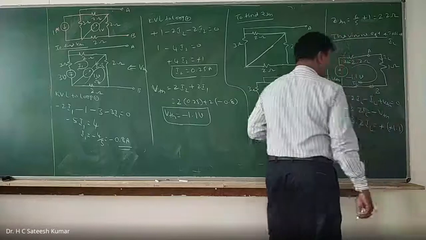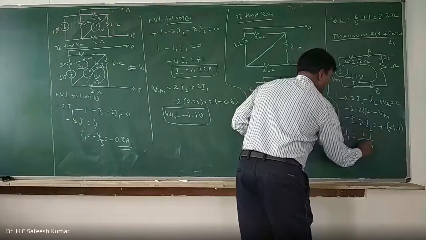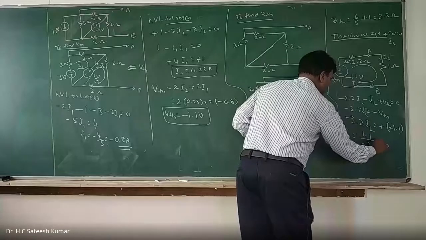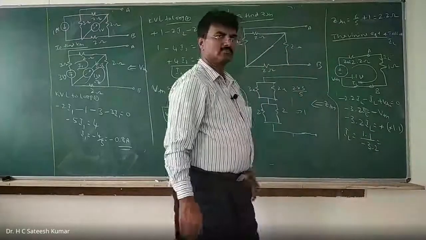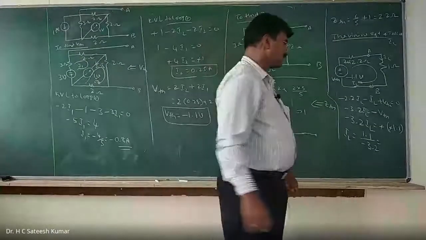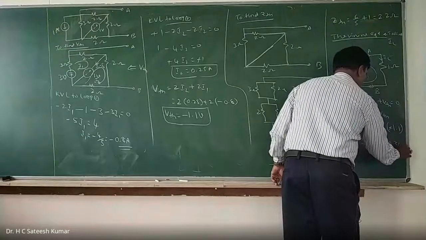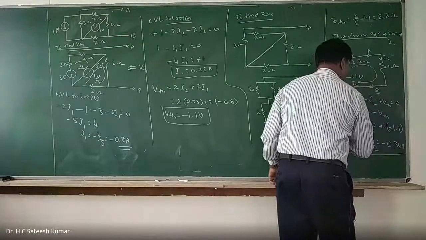Minus gets cancelled. IL is equal to 1.1 divided by 3.2. How much is that? Minus 0.34 amps. You'll get it.